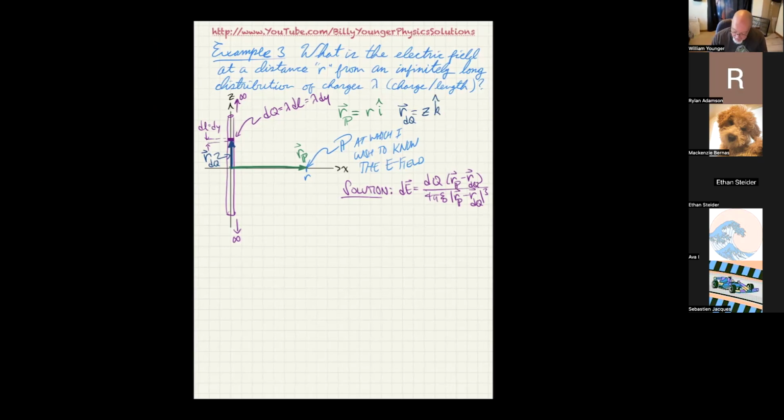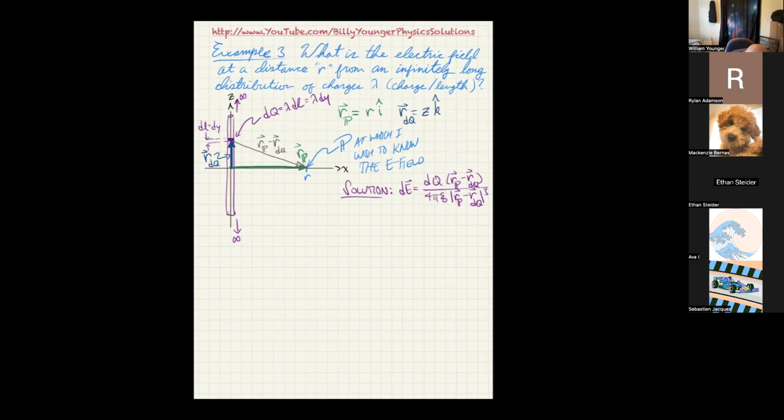You can see, hopefully, that r_P minus r_dq is really, let's use this color, this vector right here. That vector right there is r_P minus r_dq.